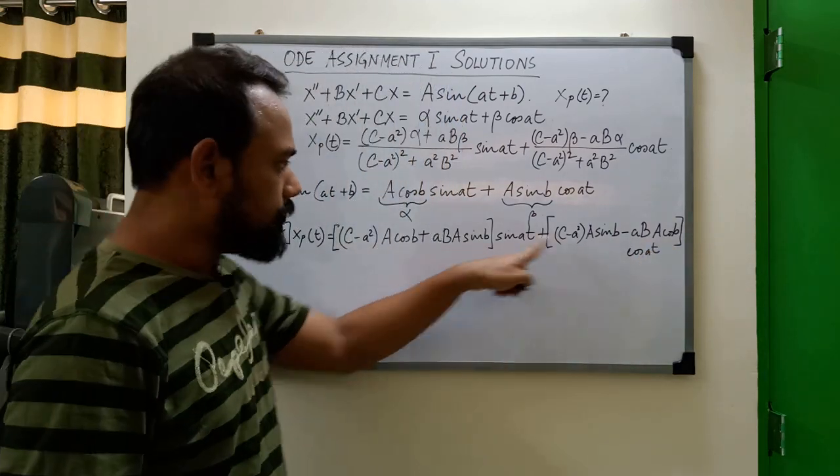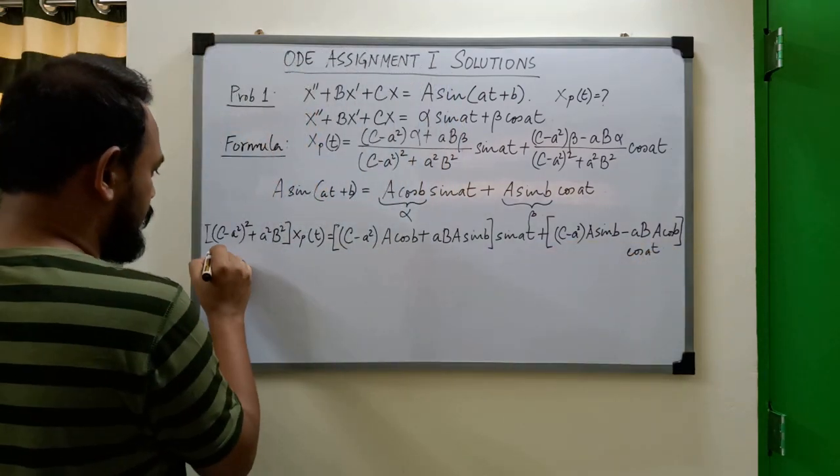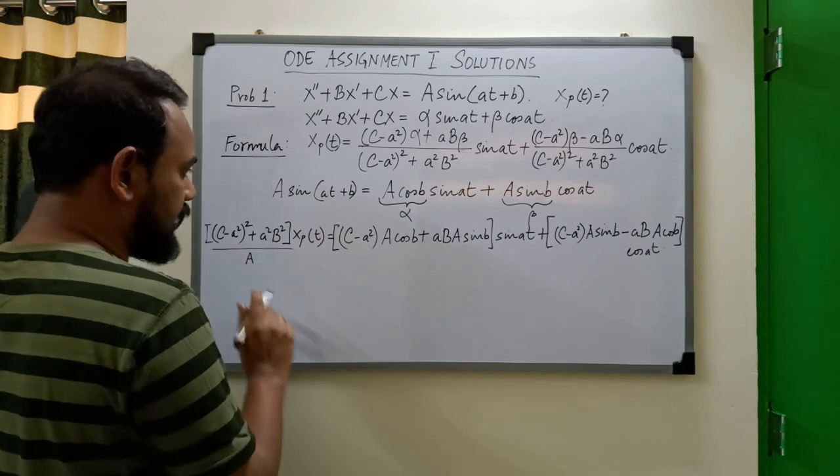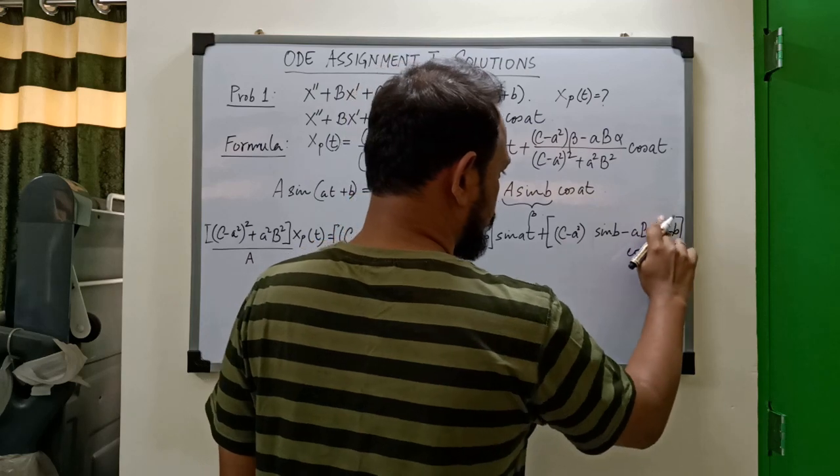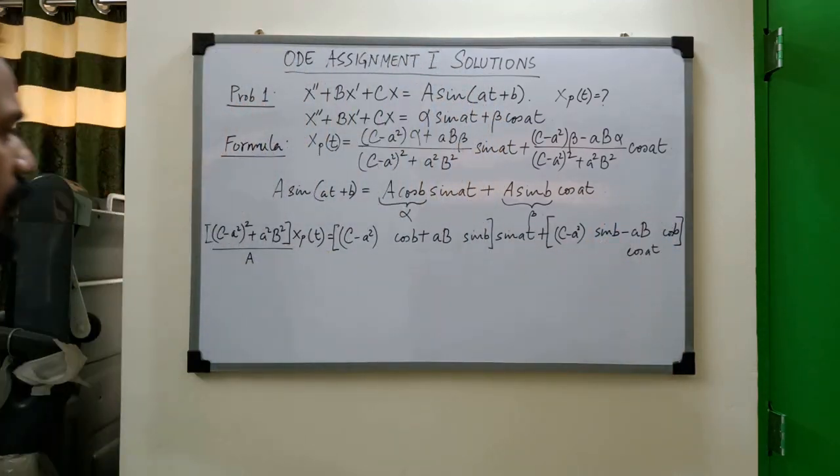Actually, capital A is common throughout. You can just take that out and divide by capital A on this side. I don't want to keep extra factors here because this thing is quite long anyway.